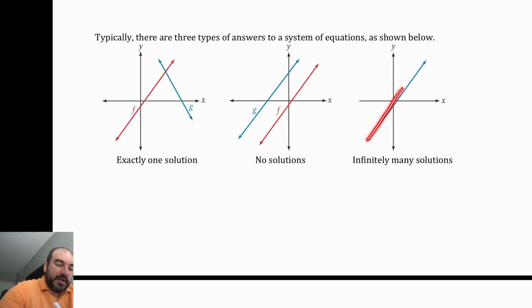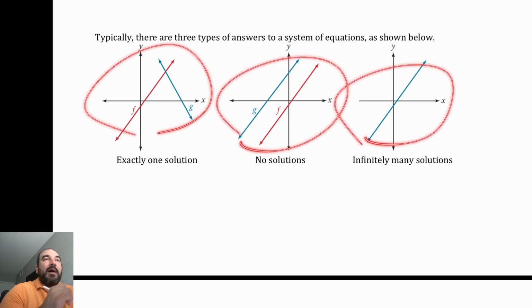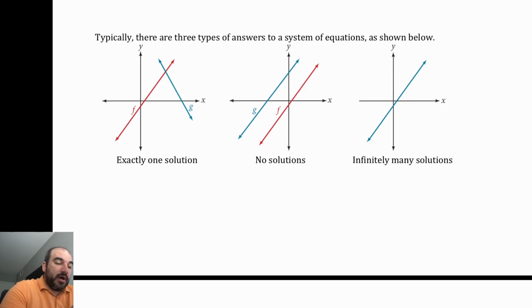Or the 2 lines could land on top of each other, in which case every single point is an intersection point. Every single point is on both lines. So these are the only 3 things that can happen when you draw 2 lines on a graph.